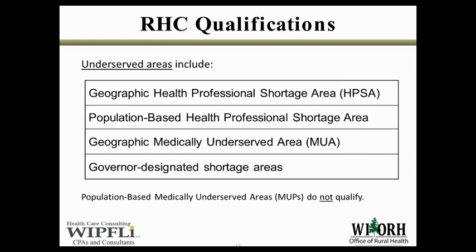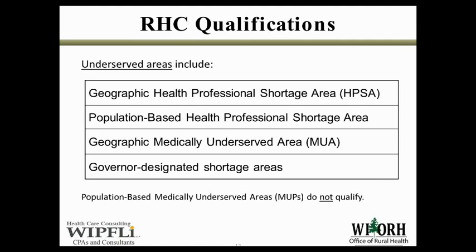The third qualification we talked about, in addition to primarily providing primary care services and the rural designation, is what's considered an underserved area. In order for a clinic to be designated a rural health clinic, it has to be physically located in one of the following underserved area designations.